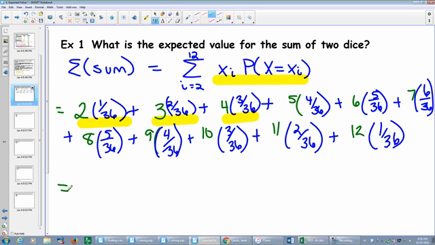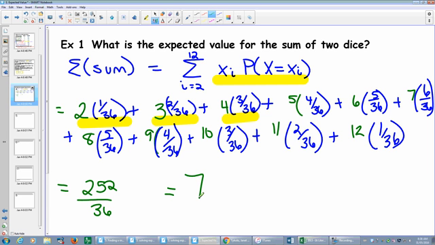But you will get 252 over 36. And the notes are in the folder if you want to go get them. Which is equal to what? Our expected value is 7 when we roll a die.